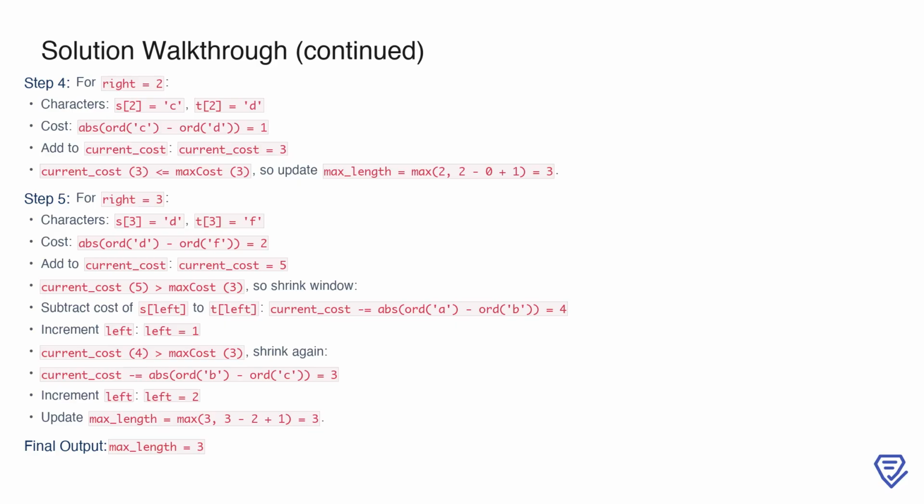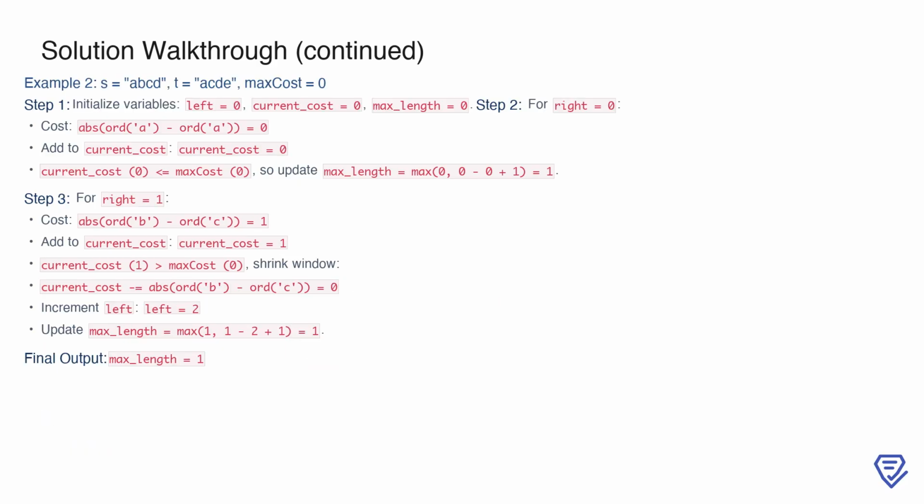However, 4 is still greater than max cost, so we shrink the window again by subtracting the cost of S[1] to T[1], which is also 1, bringing current_cost down to 3. We increment the left pointer to 2 and calculate the substring length as 3 minus 2 plus 1, which is 2. However, max_length remains 3, as it is the maximum length encountered so far. The final result for this example is max_length equals 3.